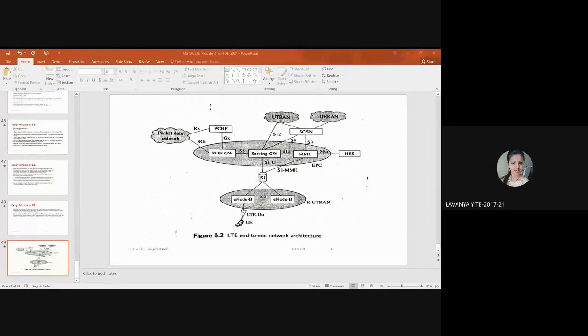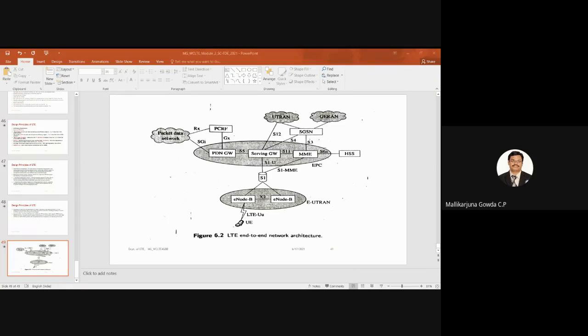No, sorry. So you just see why they have marked the oval shape. Whatever is in that oval shape is the EPC, that is Evolved Packet Core Network. So in the Evolved Packet Core Network, P gateway, S gateway, and MME are the three network elements. This SGSN belongs to 2G and 3G networks.